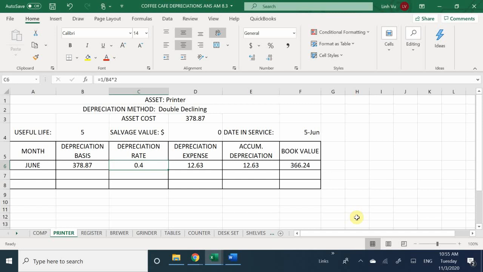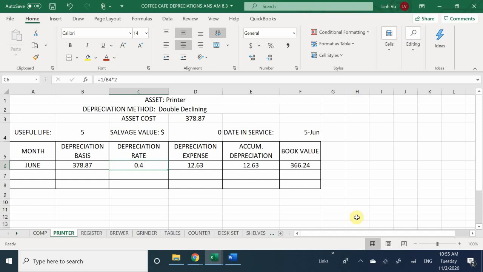The formula is just 1 divided by the useful life, because what we're doing essentially is spreading the cost evenly across its life. If it has 5 years, you want to know what one of the years is worth.